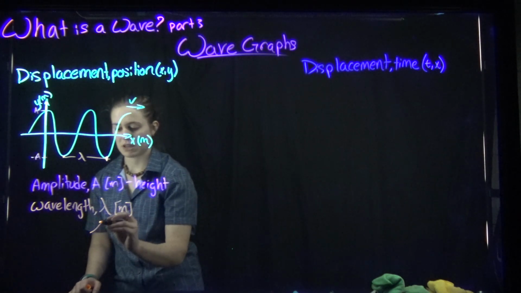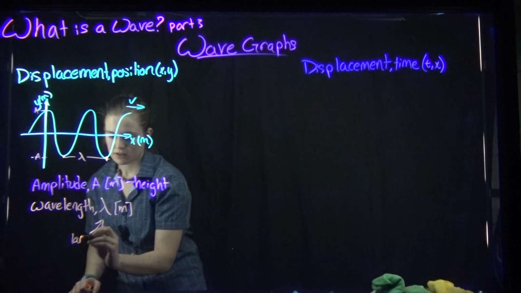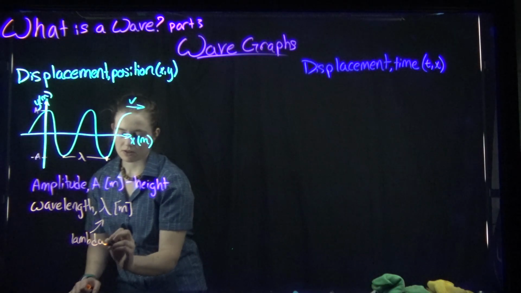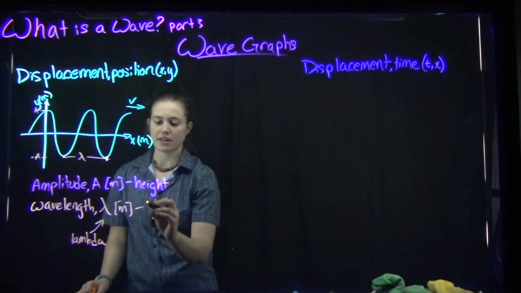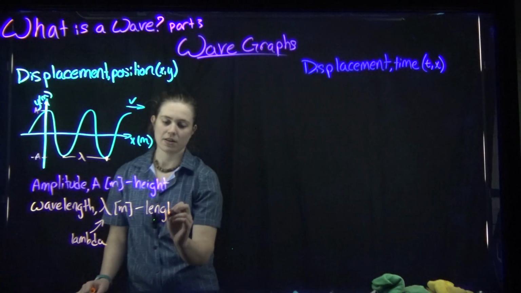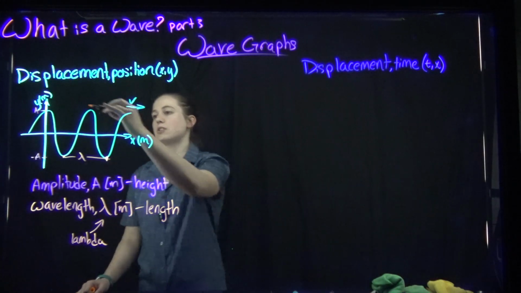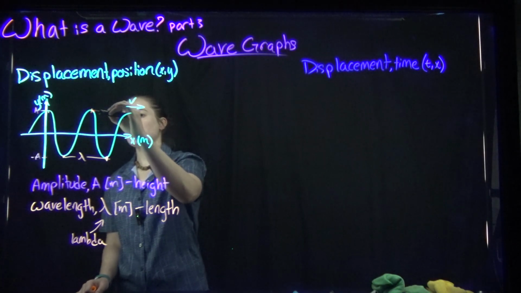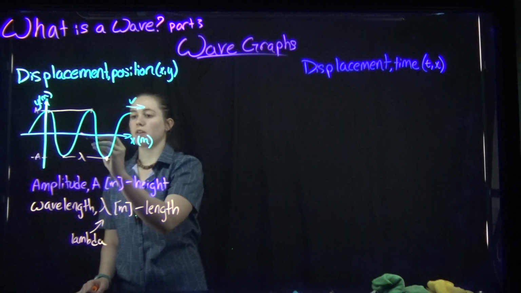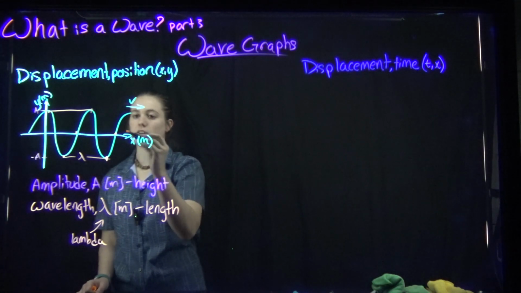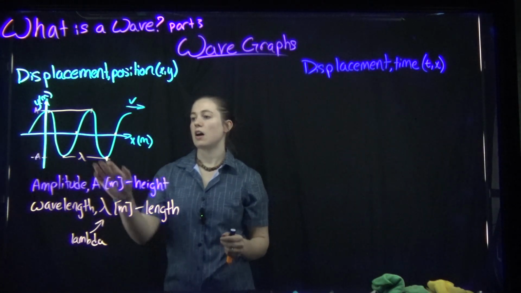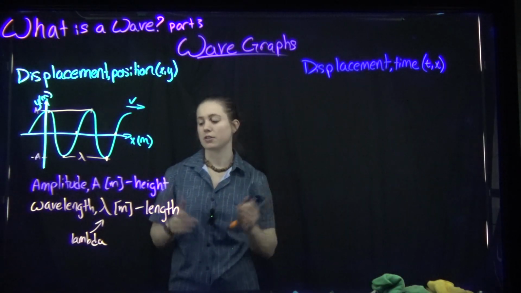It's in units of meters. That's lambda, the Greek letter, and this is the length of a wave. We can also measure it from peak to peak, or from here to here, just the same spot on the waveform to the next waveform.